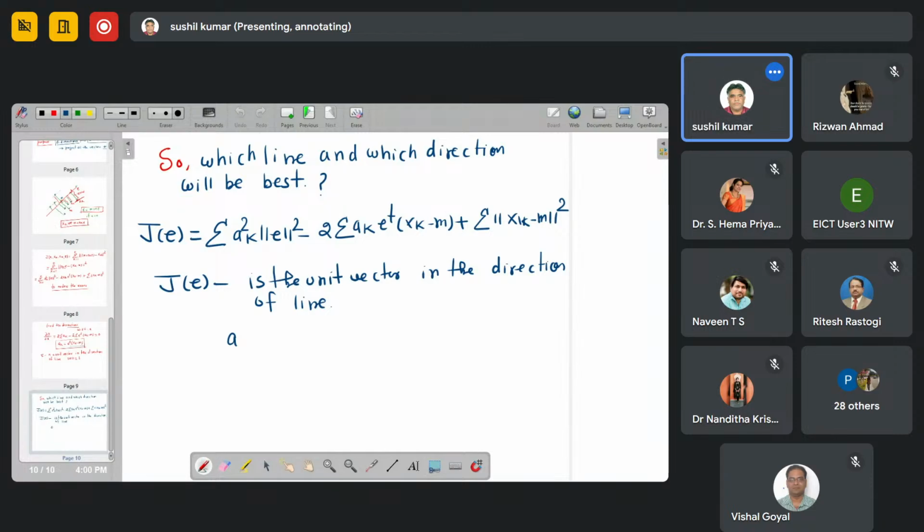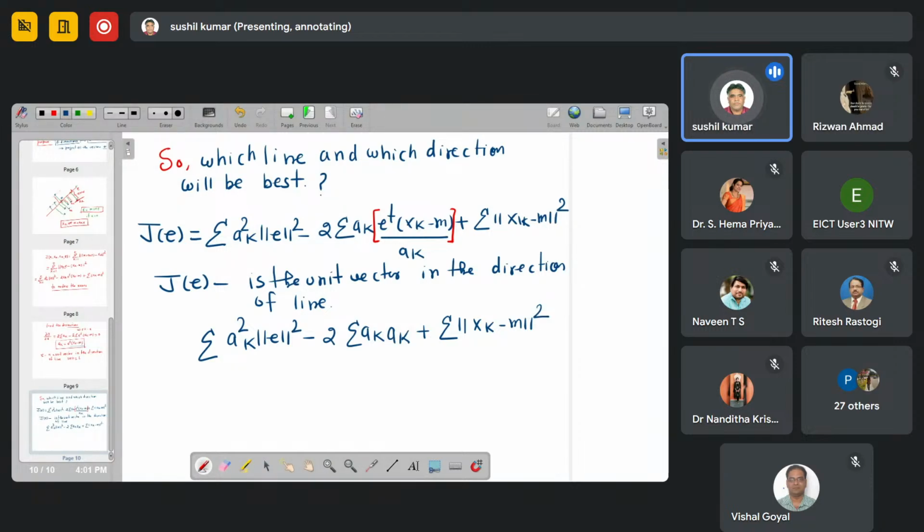So I will replace this portion, e transpose (xk minus m), and write the equation as a square k, mod of e square, minus 2 a of k, where this portion is replaced with a of k, as we already proved in the last slide, plus (x of k minus m) whole square.